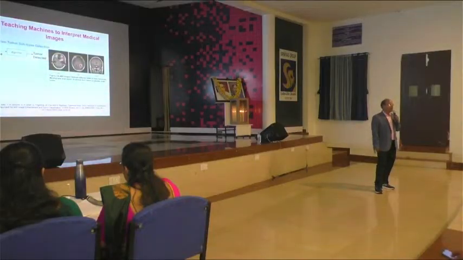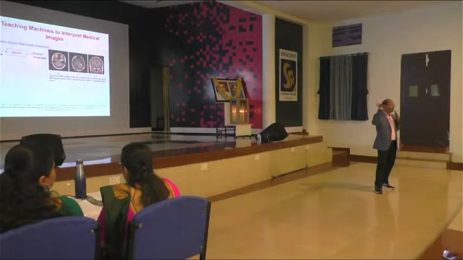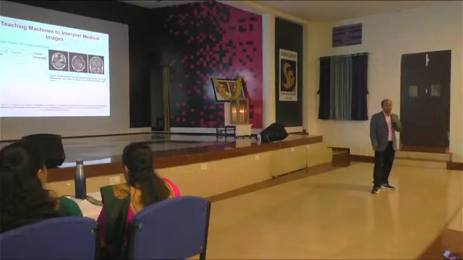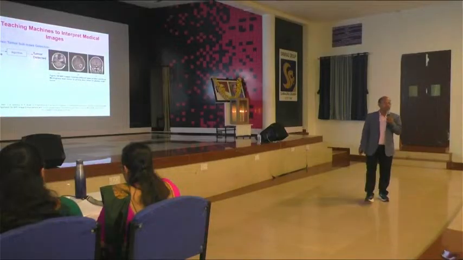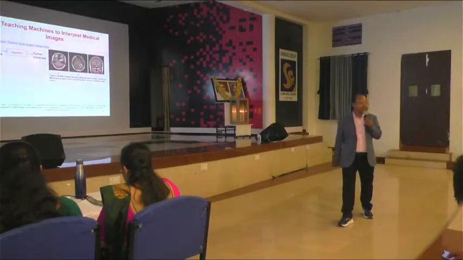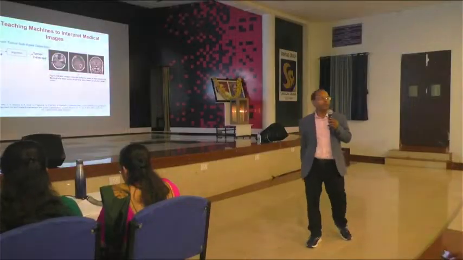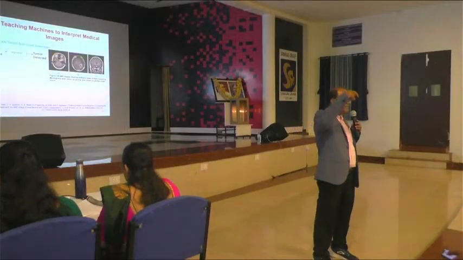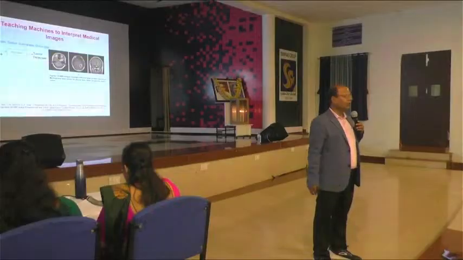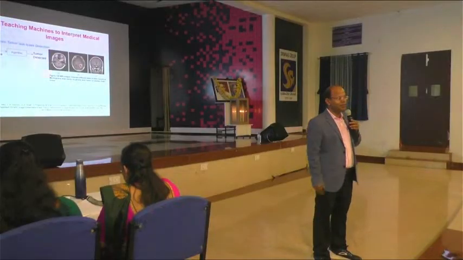How many of you have heard about image segmentation? In image processing, there is a very important concept called image segmentation. If you want to detect where exactly the brain tumor is, you have to go for the segmentation task, right?